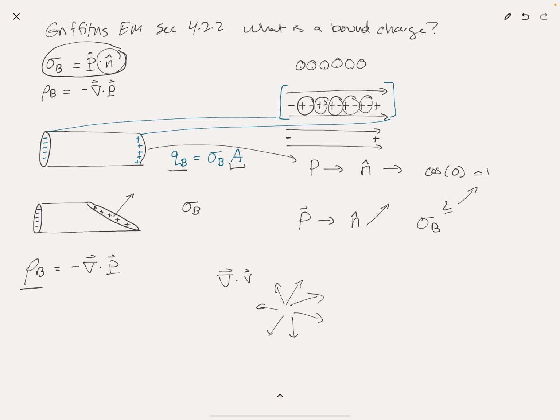So if you have a non-uniform polarization that acts like a source or a sink, you can get regions that have different kinds of charge densities. Okay, so let's imagine that I have some weird polarization that stretches previously neutral atoms.